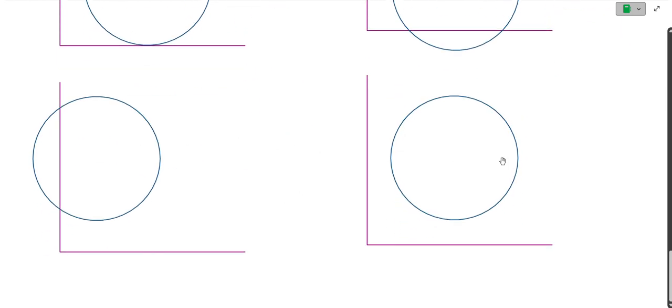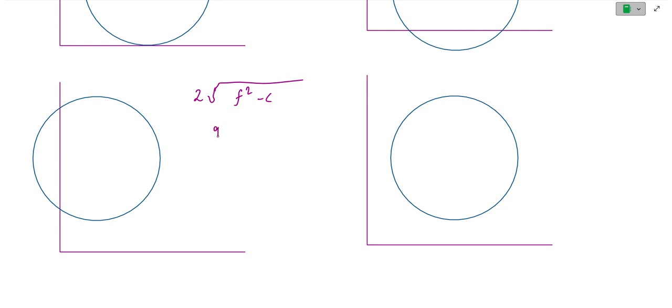And two more conditions. In this case, the circle is intersecting the y-axis, but neither intersecting nor touching the x-axis. Intersecting the y-axis means there will be a y-intercept, that is 2 times under root f square minus c.